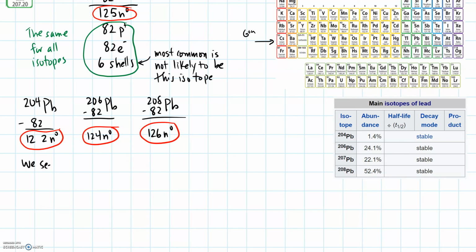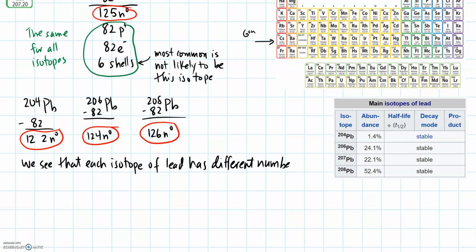we see that each isotope of lead has a different number of neutrons.